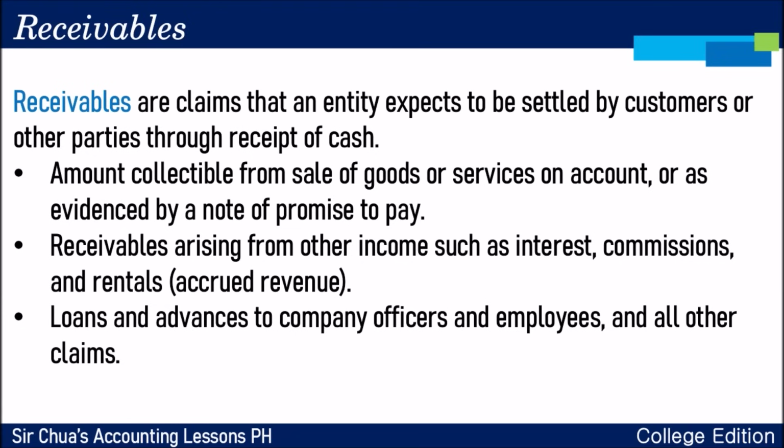And syempre kapag tayo po ay nagpapautang, baka po meron ka ring kinikita na interest income from that. So, although hindi mo pa siya marireceive agad, pwede rin po may mag-arise na receivables from them. And ang tawag po natin sa ganong transactions ay accrued revenue, revenue that is already earned but is not yet received by the company.